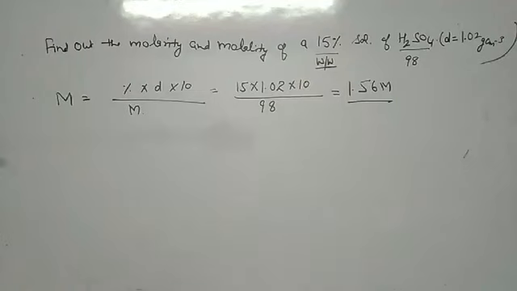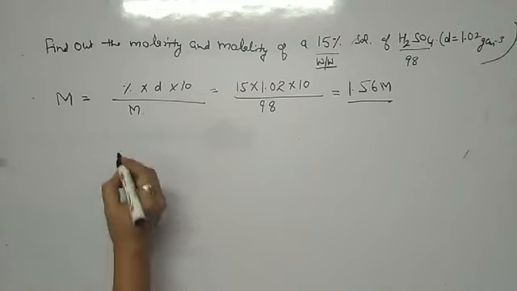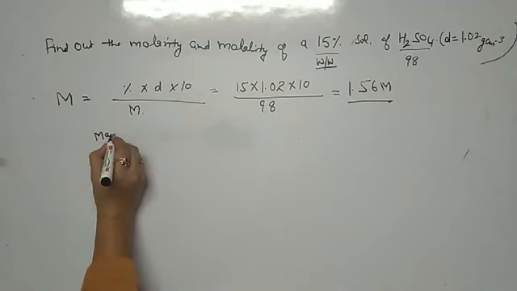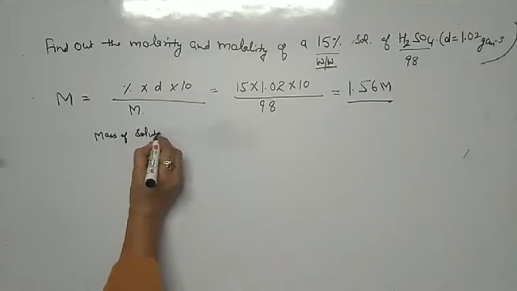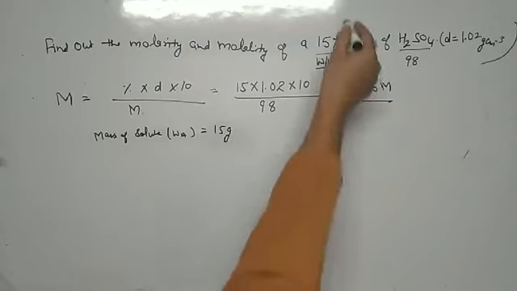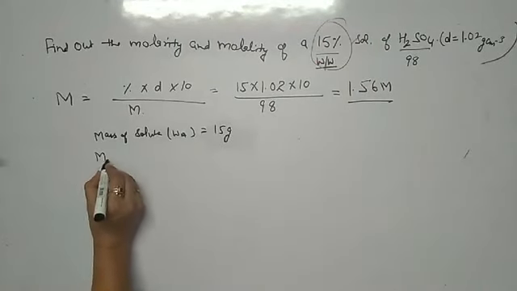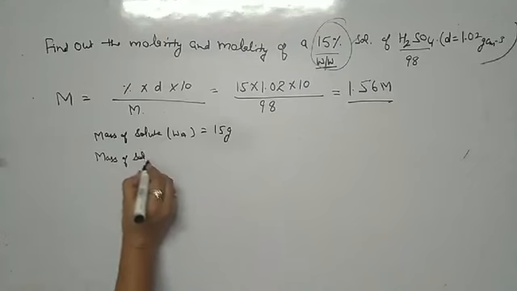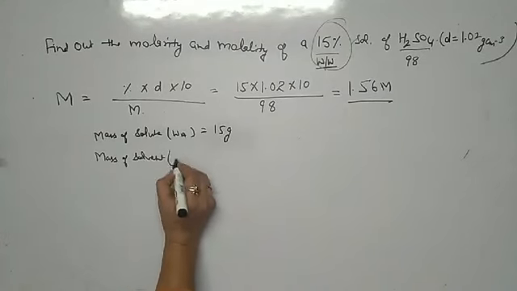And for molality, how can you find out? You have the mass. Actually 15% means the mass of solute. The mass of solute we are taking, WA, is equal to 15 gram. The mass of solvent is equal to WB.